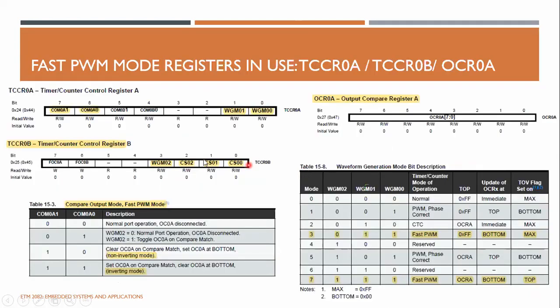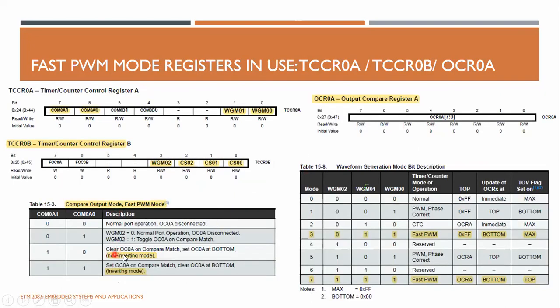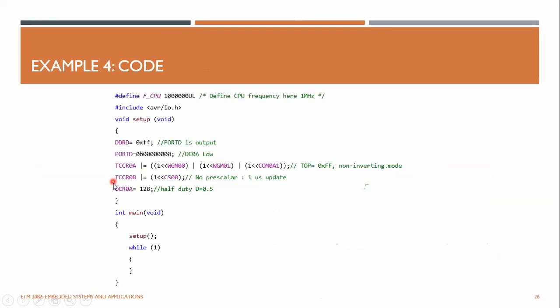Like I mentioned, fast PWM non-inverting mode. This is the non-inverting mode. If you're using the inverting mode, it will be this one. The waveform will be like that. But we are using the non-inverting mode. So for non-inverting mode, this should be 1 and this should be 0, right?